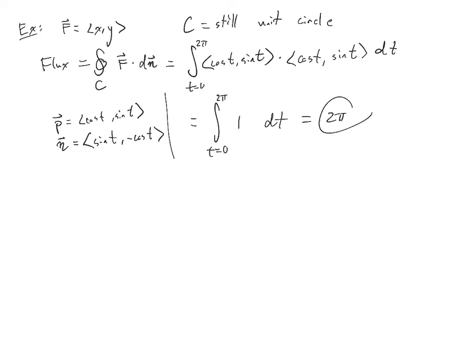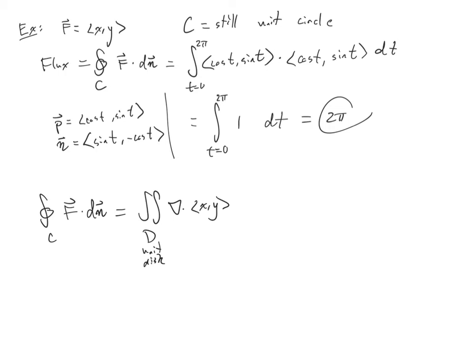Let's also check that with Green's theorem. Check that this agrees. So by Green's theorem, this should be the double integral over the disk of the divergence. So taking the divergence of x comma y, which is not partial derivatives, it's taking certain partial derivatives and adding them together, right? dA.